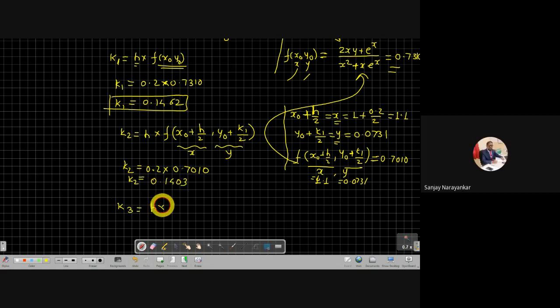Now you have to find out k3. k3 is equal to h into f of x0 plus h by 2, and now y0 plus k2 by 2 will change.